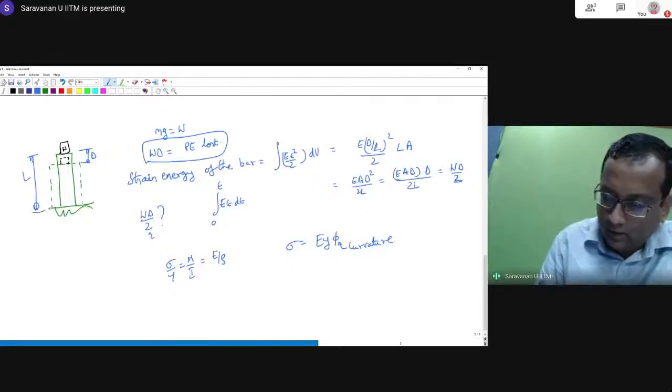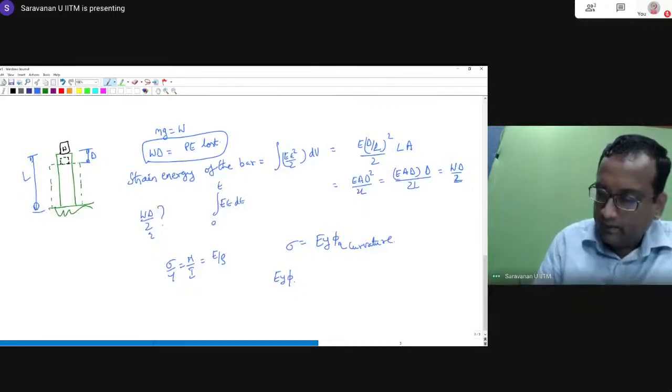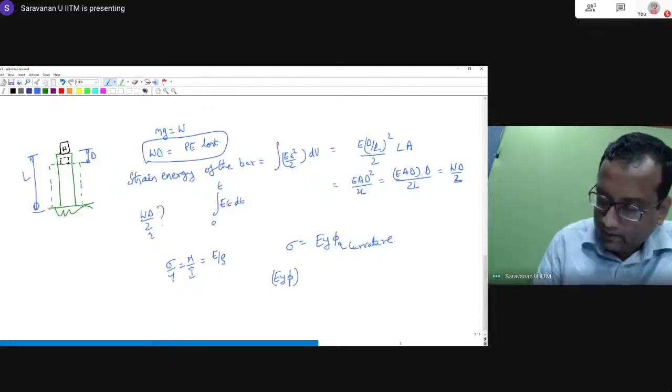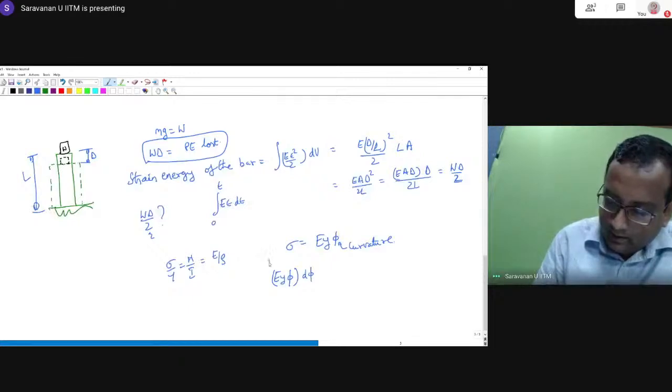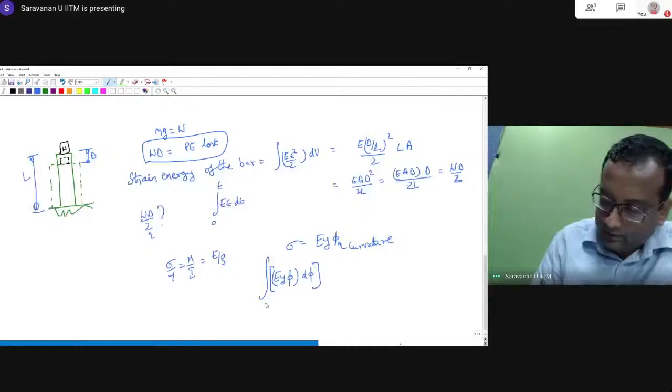Strain energy would be E y into phi, which is d square delta y by dx square, into d phi, integrated over the volume, from 0 to phi, and this I have to integrate over dV.